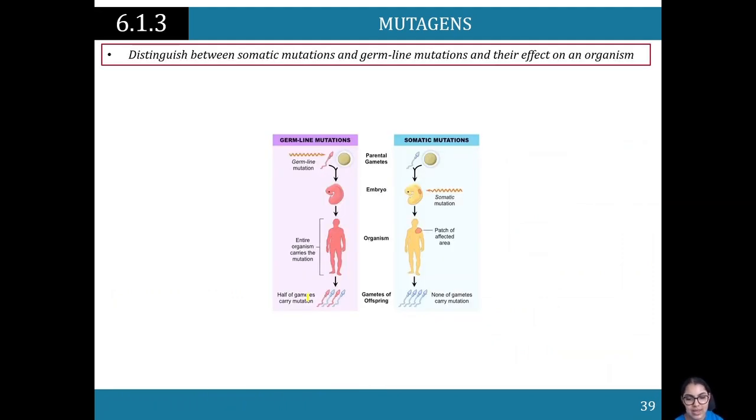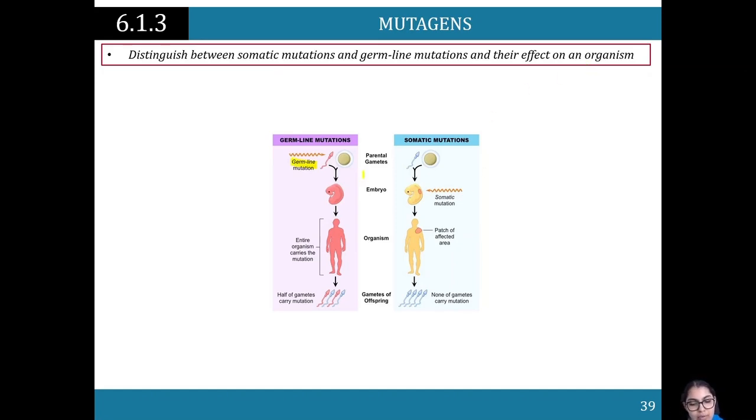Okay, awesome. And now let us talk about somatic versus germline mutations. You would already be familiar with this specific concept from module 5. So germline mutations affect the germ cells, the gametes, right?